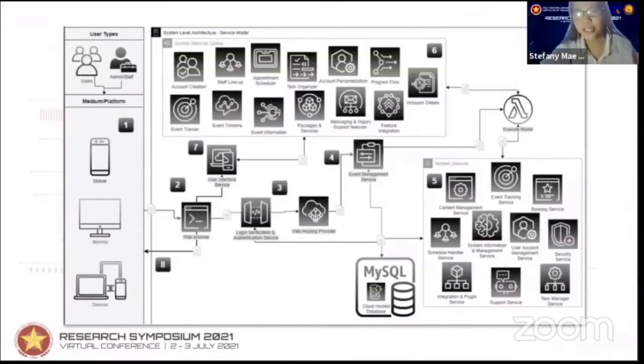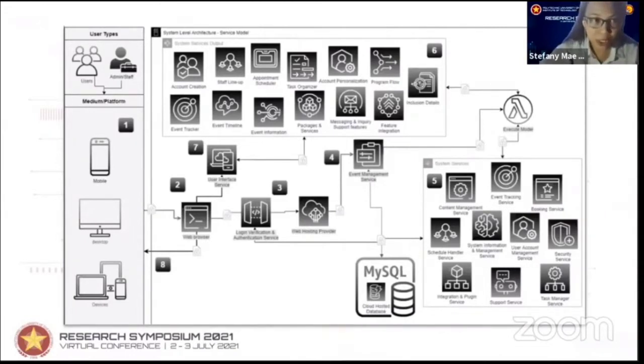So for the system architecture of the study, we use the system services architecture. Here, sa user types, we have different users, the staff, admin, and the clients. And these devices is where they can access the system. So responsive po yung system in any device.